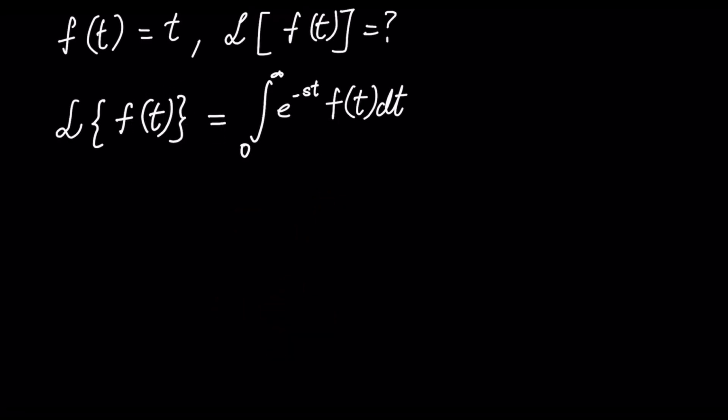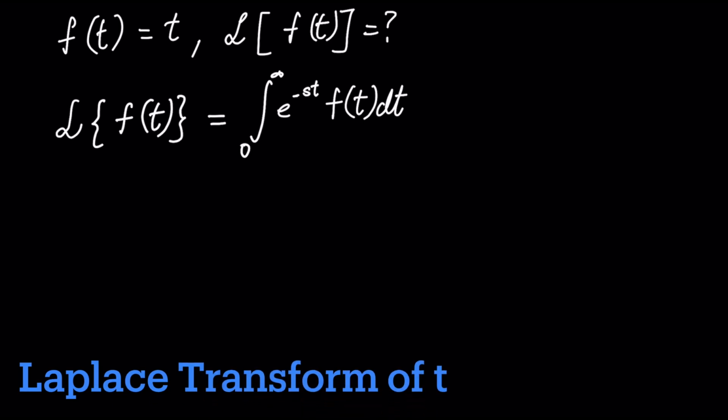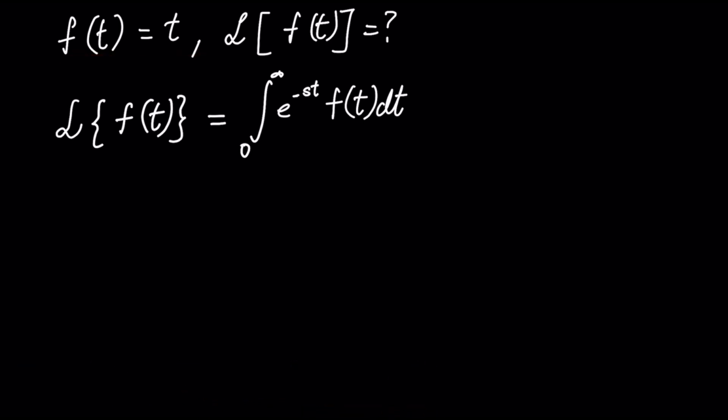Let's move on to the Laplace transformation of a variable such as t. Assuming that f of t equals t, substituting this into the definition here and here, we are going to be rewriting this expression as this.